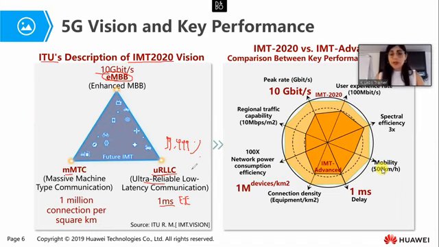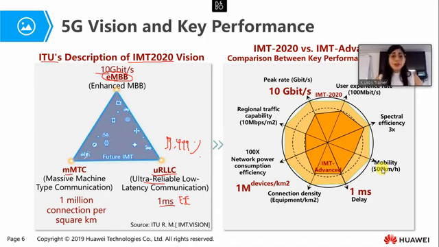So in here, we can find applications such as the Internet of Vehicles or remote surgery. These are applications for which we require very high reliability and a very low latency, because information needs to be received and processed with a very low latency to make this application work.